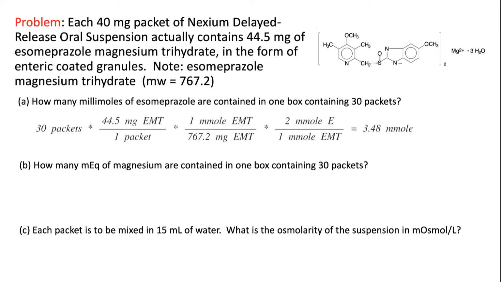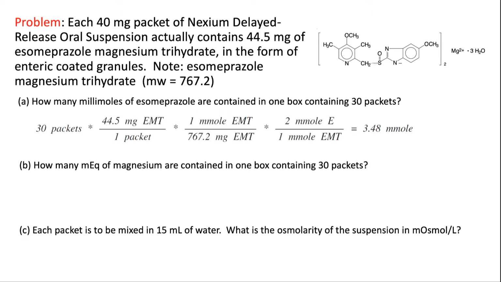Now let's convert that to the number of molecules of EMT. Again, I'm simplifying esomeprazole magnesium trihydrate as EMT. So the number of molecules would be 1 millimole of EMT for every 767.2 milligrams, because that's the molecular weight of the EMT. That's why we didn't use 40 milligrams for the amount of the drug in the packet, because that's of pure omeprazole.